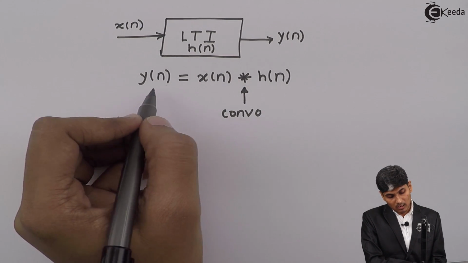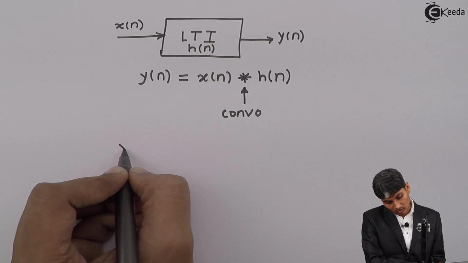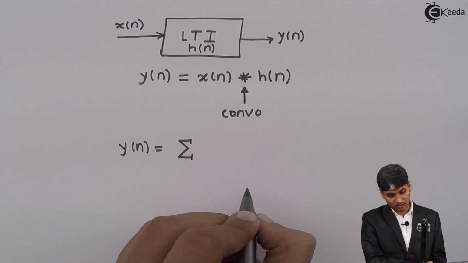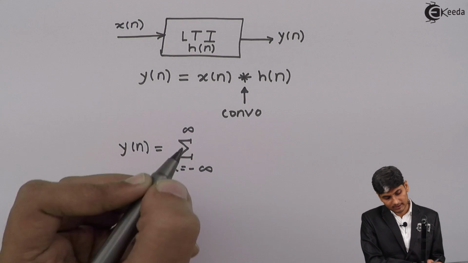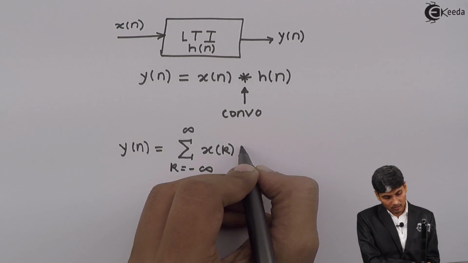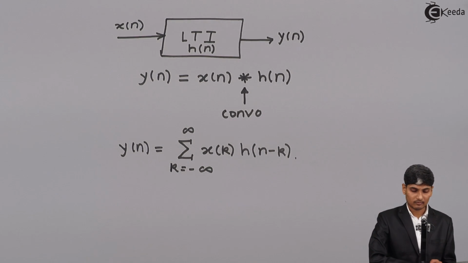Now this can actually be expressed as y of n equals summation k equals minus infinity to plus infinity x of k h of n minus k.